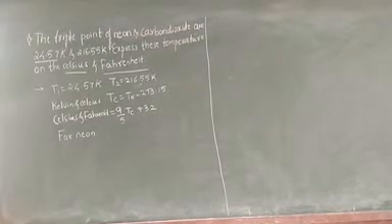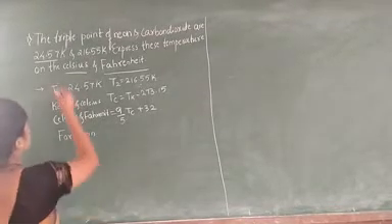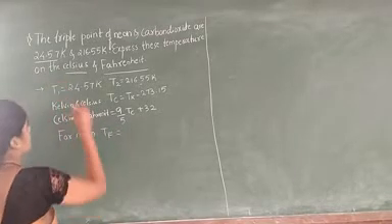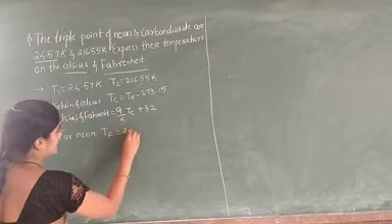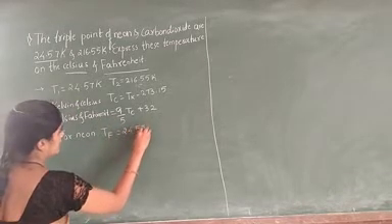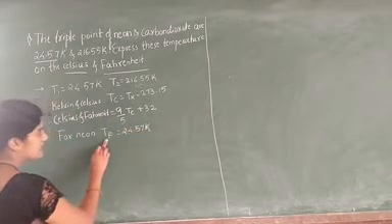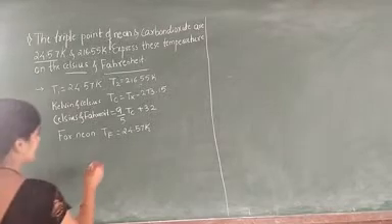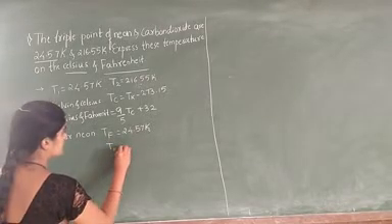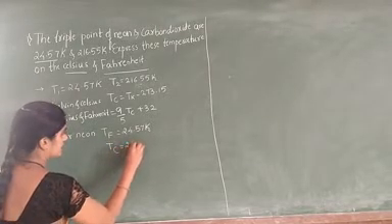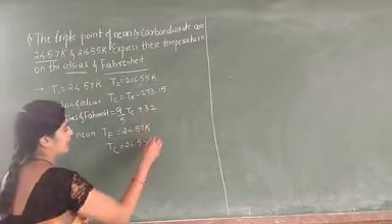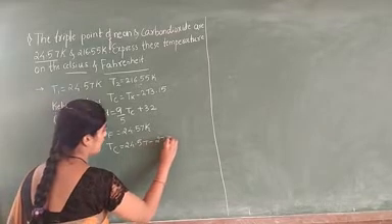Now let us consider here the first condition, Tk is equal to 24.57 Kelvin. Now by using this we can calculate the value of Tc. Tc is equal to 24.57 minus 273.15.